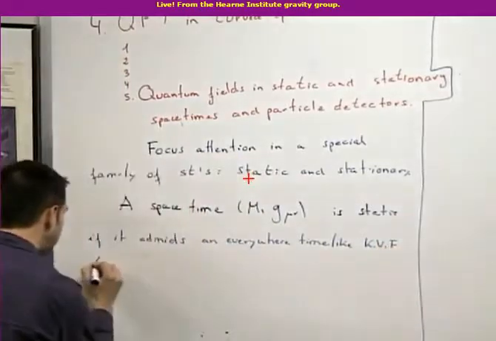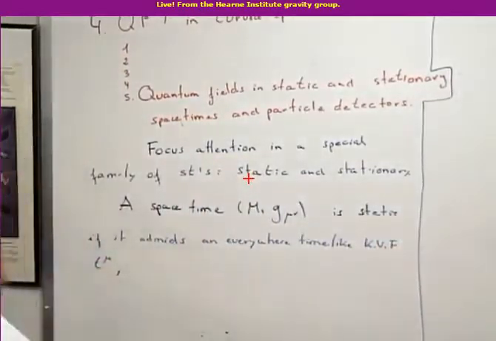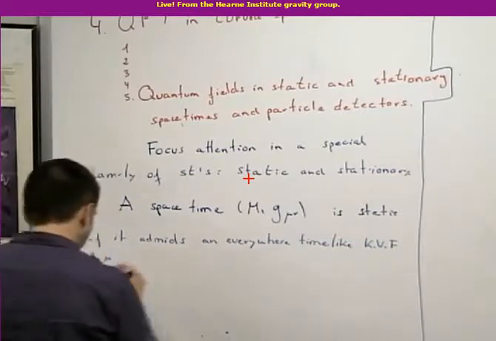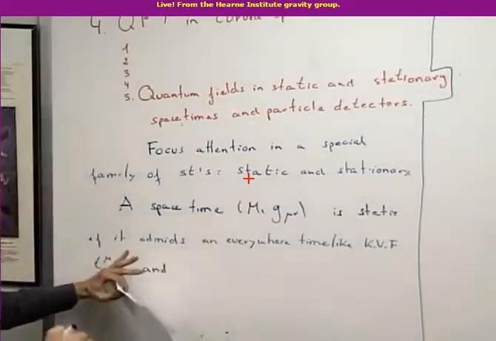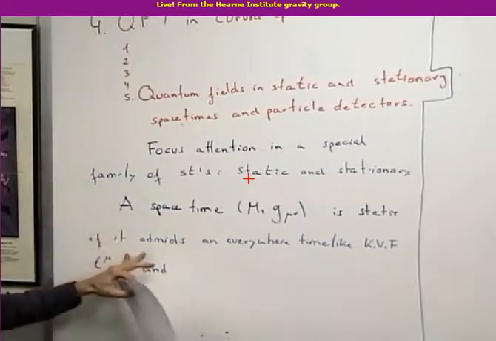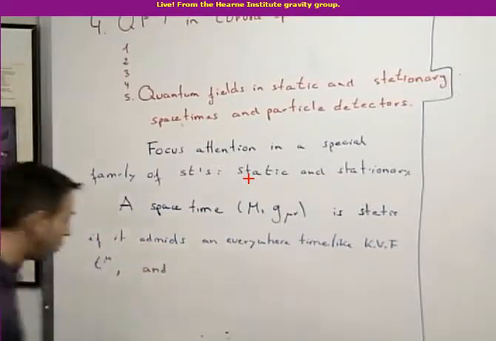Let me call it T^mu. If I stop here, this is only a stationary spacetime. The static spacetime has some additional conditions.